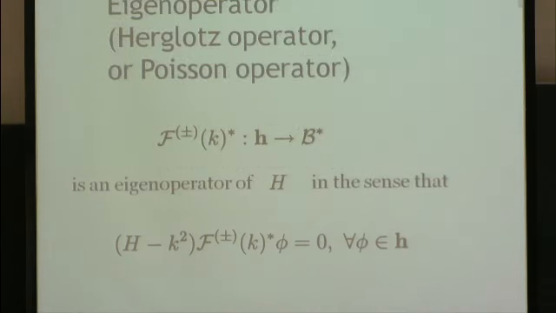And its adjoint is very important. Its adjoint is an eigenoperator, or here you often say Hilbert's operator or Poisson operator, which maps the function of the space at infinity to the space B star. And this is an eigenoperator in the sense that this Schrödinger equation holds.